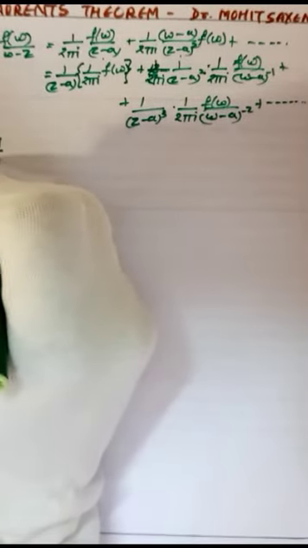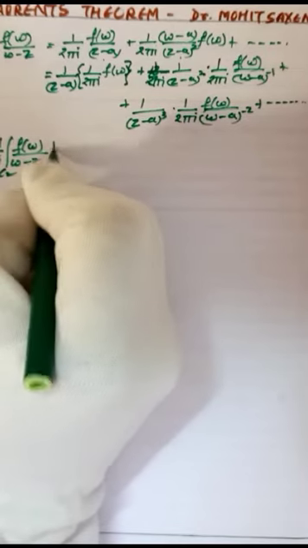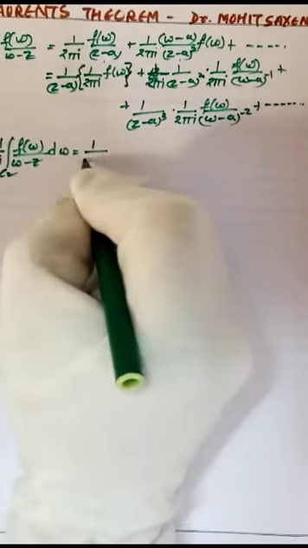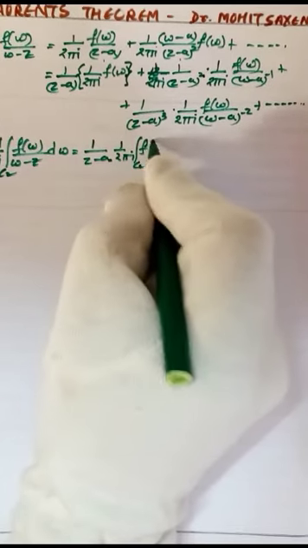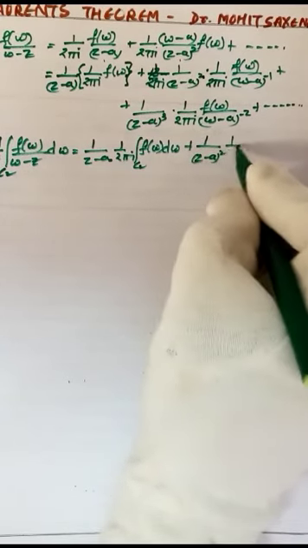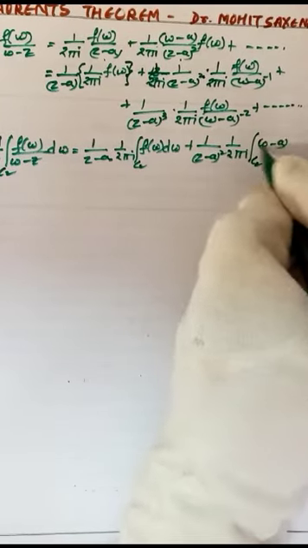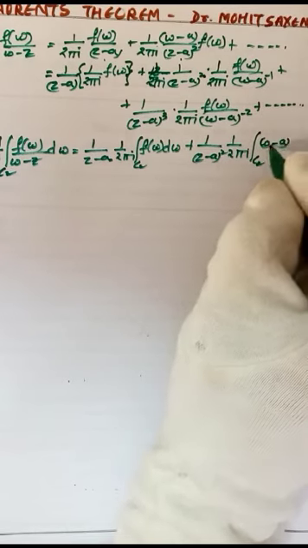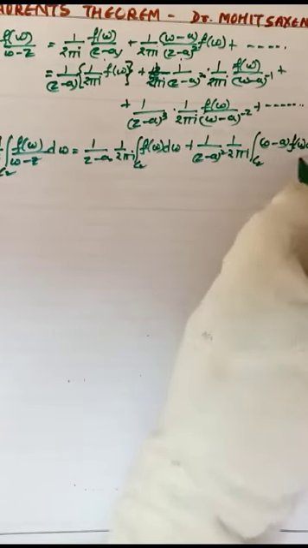Now integrate this particular equation. We would get minus 1 upon 2 pi i integral over C2 f of w upon w minus z dw is equal to 1 upon z minus a, 1 upon 2 pi i integral C2 f(w) dw, plus 1 upon (z minus a) whole square, 1 upon 2 pi i integral C2 (w minus a) in the numerator, f(w) dw, plus and so on.